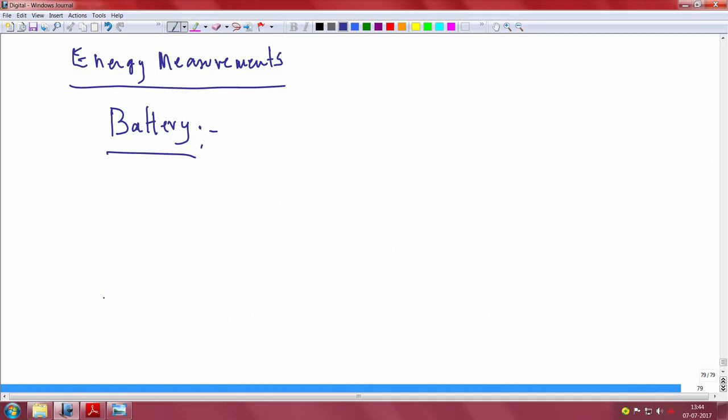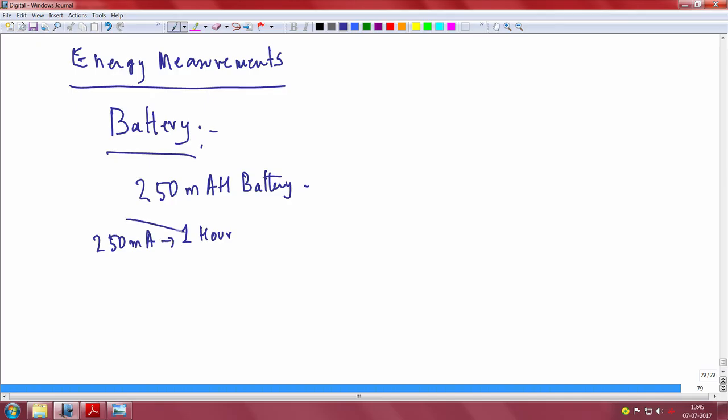Take the case of a 250 milliampere hour battery, okay. You have a 250 milliampere hour battery in question. What does this mean? This means if you draw 250 milliamperes, it should last for 1 hour, right. That is what you would think. If you draw 250 milliamps, it should last for 1 hour.